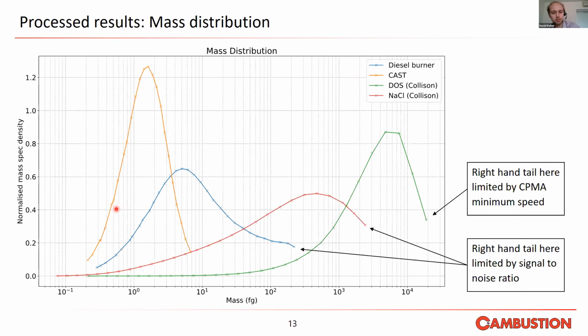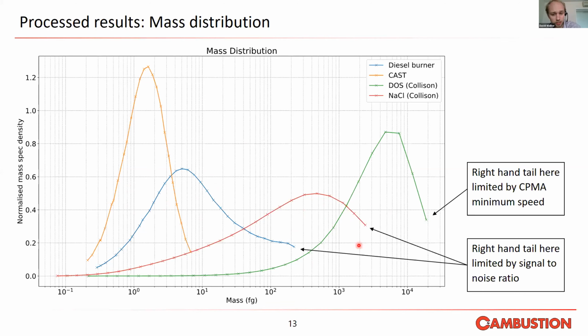Now, if we move on to the mass distribution, which you'll notice tells quite a different story to the diameter distribution you've just seen. And in some ways, this is a more interesting distribution because it allows for fairly intelligent comparisons between different aerosols. So what I'm saying here is the area under each of these curves represents the total mass in the aerosol distribution, and I've normalized all of these to be equal, which means you can compare them sensibly.